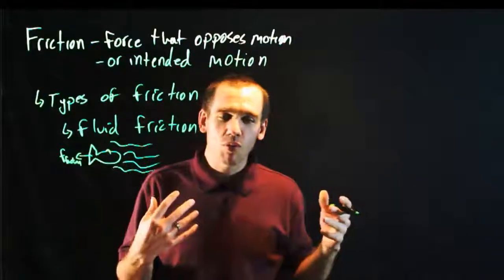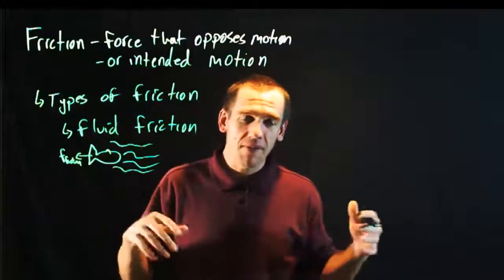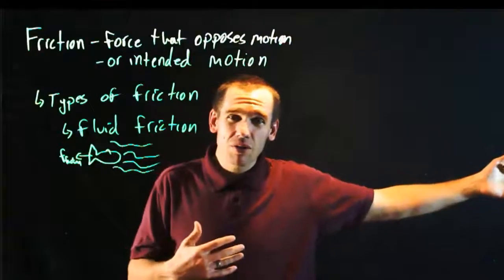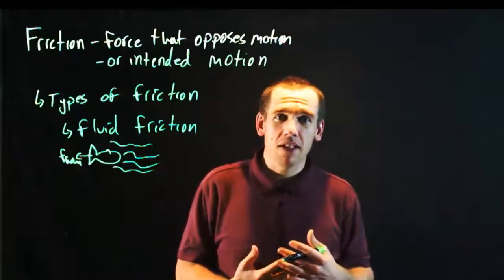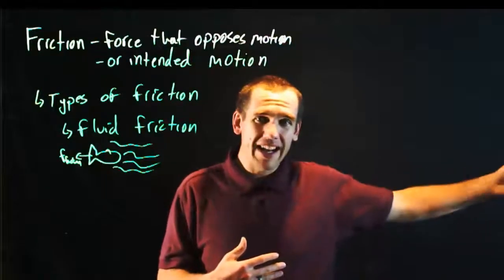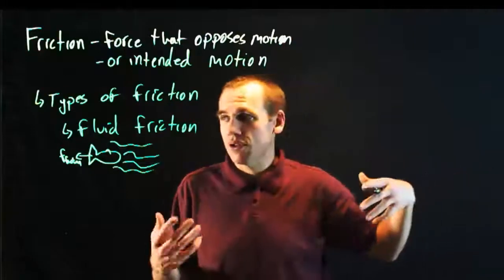We get the same thing when we're moving through air. And it depends on speed and it depends on shape. If you've ever played the game where you put your hand out the window while you're driving in the car, there's not very much resistance there at low speeds. But when you speed up, you can feel that air is pushing harder and harder. And you can turn your hand and change that force a little bit because you're changing the shape of the object as it moves through the fluid.